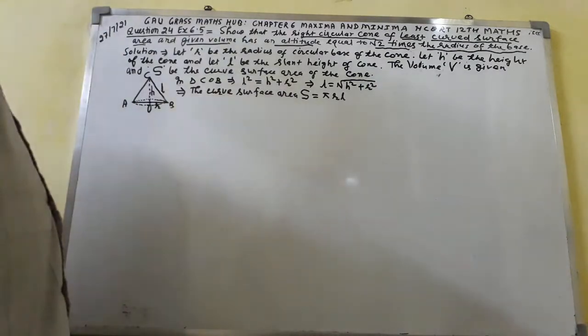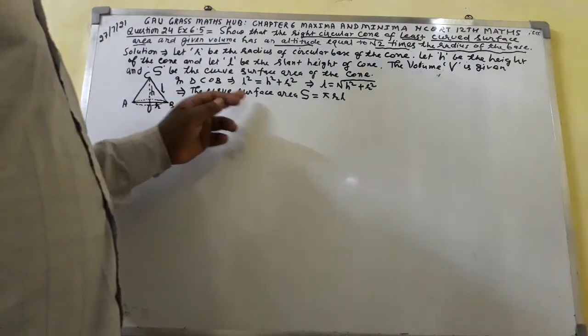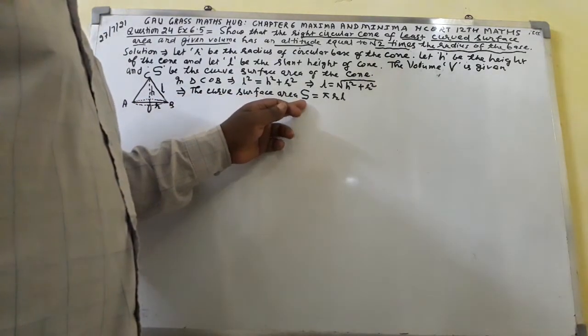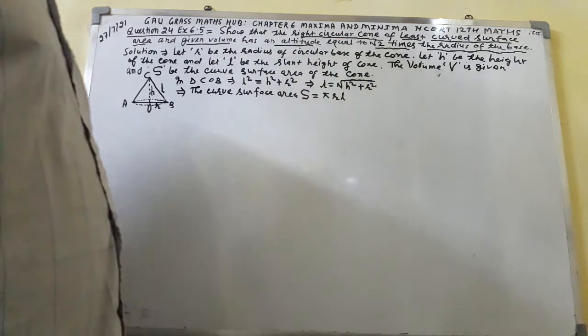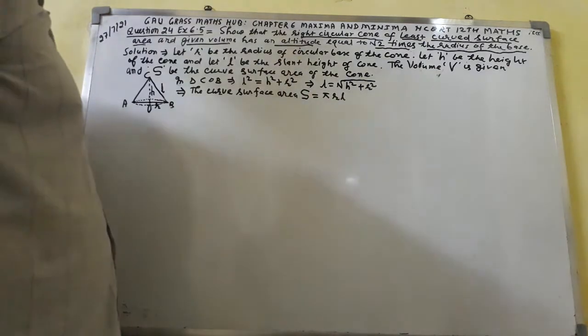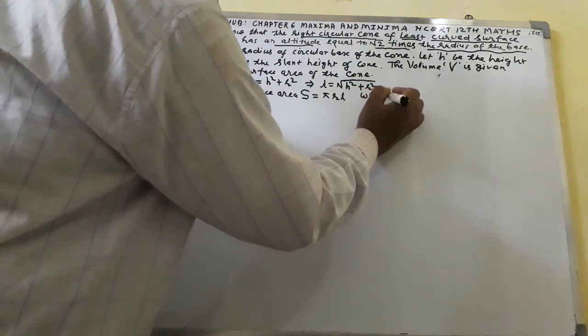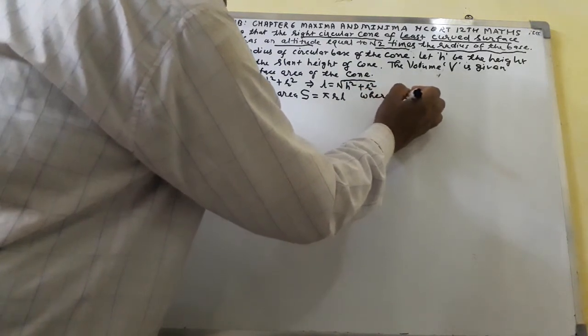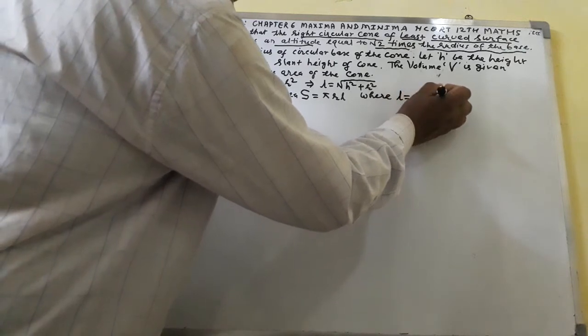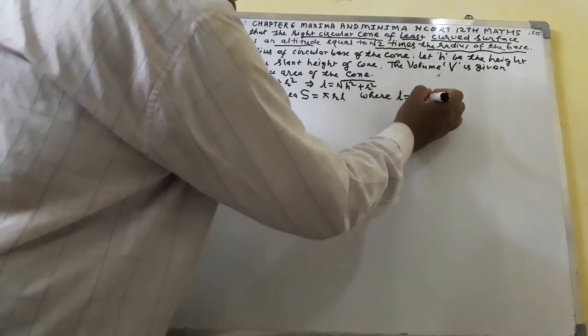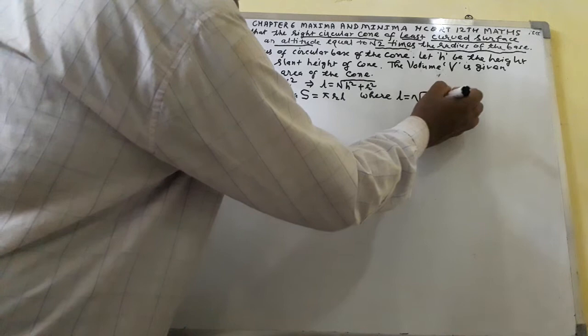This is the formula you must remember. The curved surface area capital S of the cone equals pi r l, where l equals under root h square plus r square.